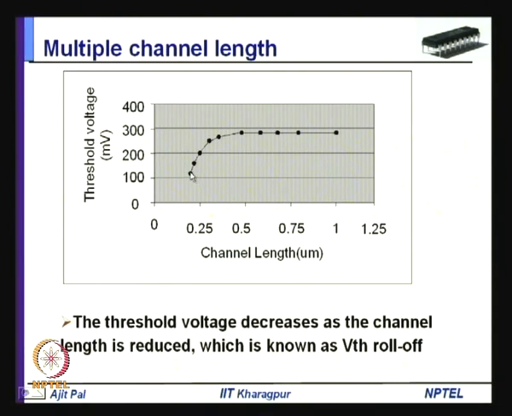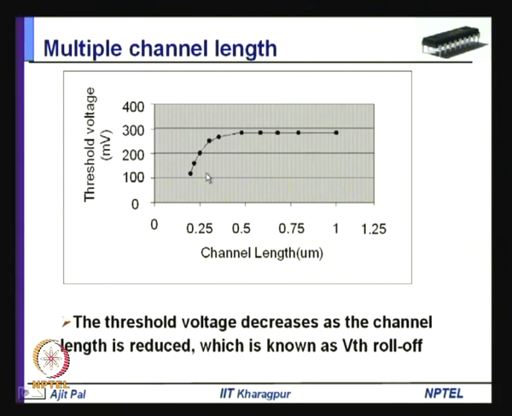So, for a small variation of channel length, there is a large variation of threshold voltage. This phenomenon can be utilized; the threshold voltage decreases as the channel length is reduced, which is known as VTH roll off. This happens only in small dimension transistors, particularly present day MOS transistors.